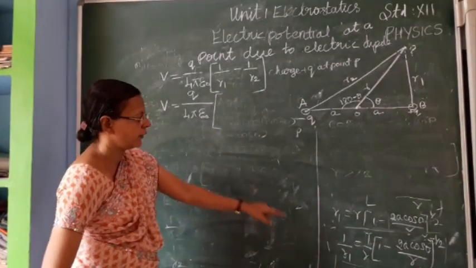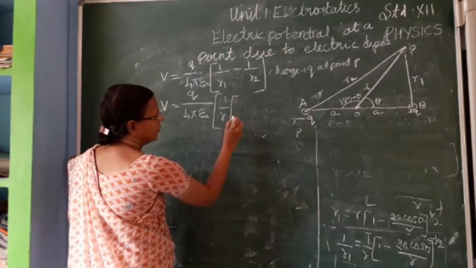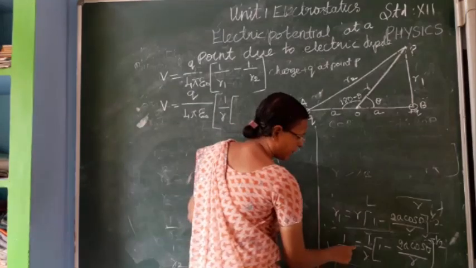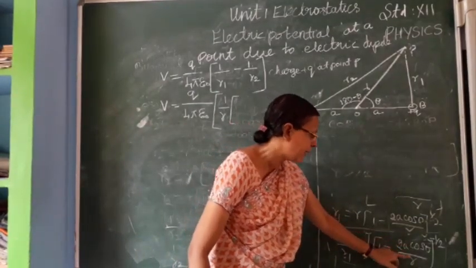What is 1 by r1? After the binomial theorem we got 1 by r1 equal to 1 by r into (1 plus a by r cos theta).